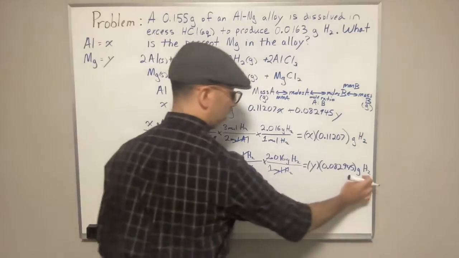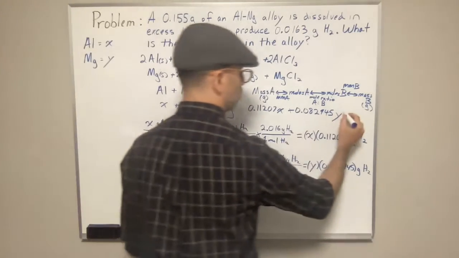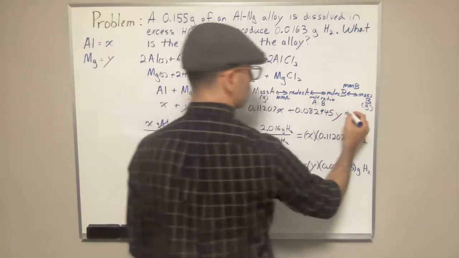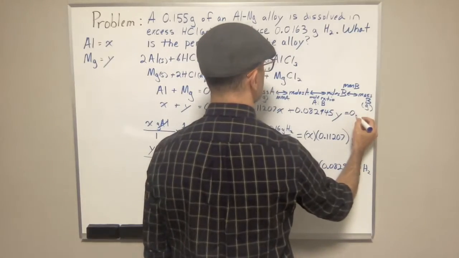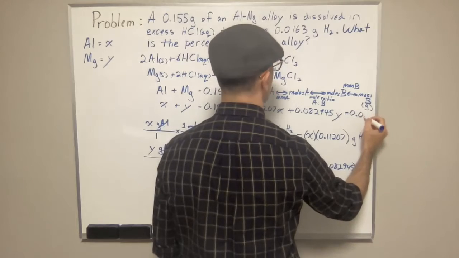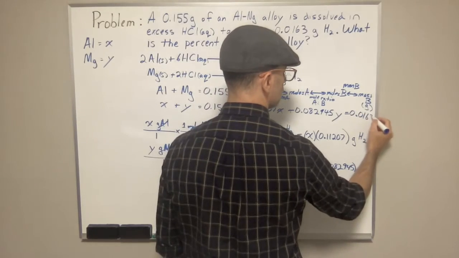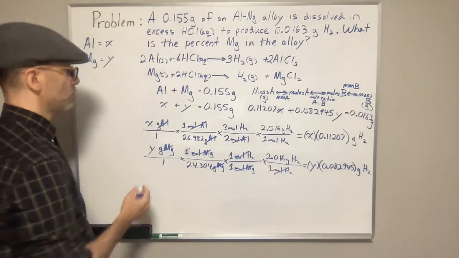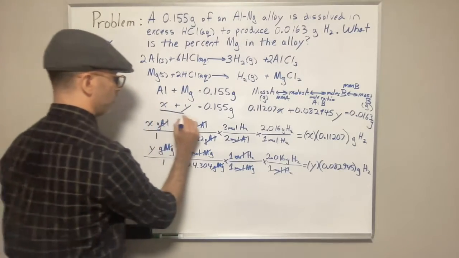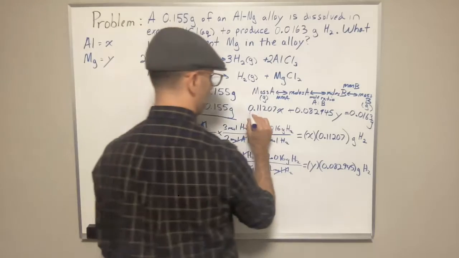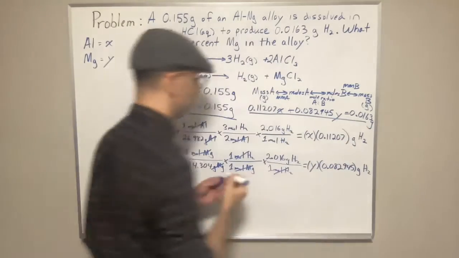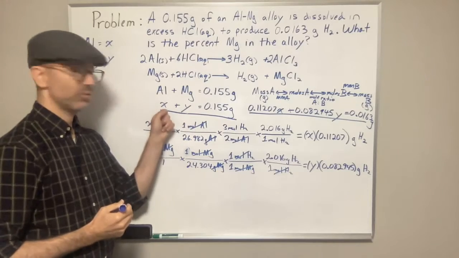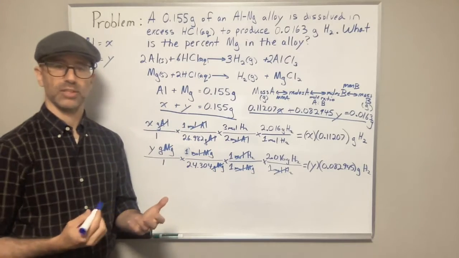I just put the y on the other side. And that's going to be equal to the total amount of grams, 0.0163 grams of H2. So I have this equation and this equation, two equations and two unknowns. So now I can solve this.